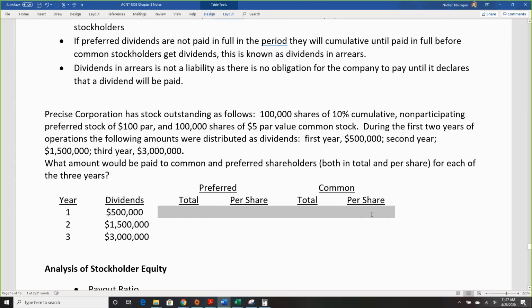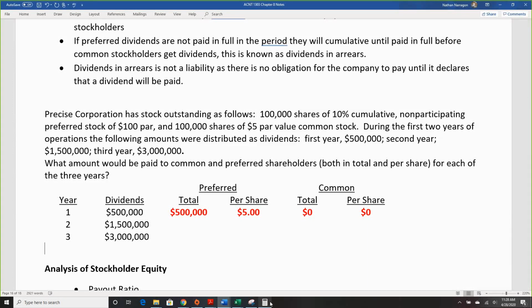So, what happens is that preferred gets to keep basically the 500K, common gets nothing. Preferred gets it all due to, again, they have first dibs, and they have to get paid off first. They have to get paid at least $1 million.